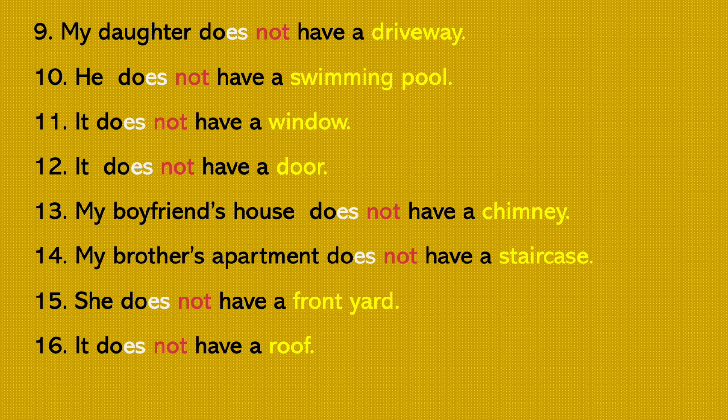Remember, possessive noun. So that means whose house is this? Boyfriend's house, not my house. My boyfriend's house does not have a chimney. 14. My brother's apartment does not have a staircase. 15. She does not have a front yard. 16. It does not have a roof.